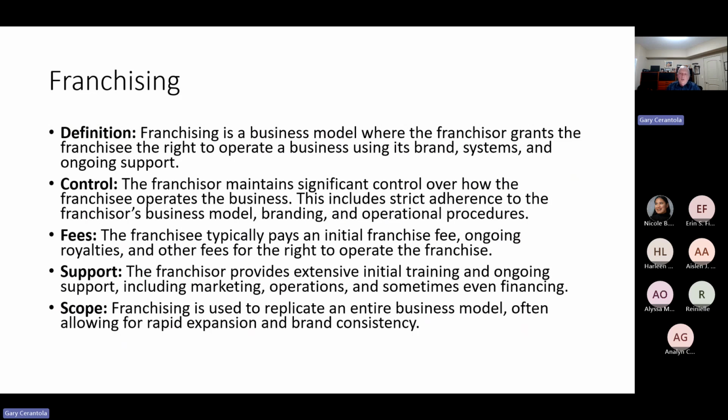It's the entire business model that the franchisor allows the franchisee to use, the right to operate using its brand. The franchisor maintains significant control and has safeguards in the contract.